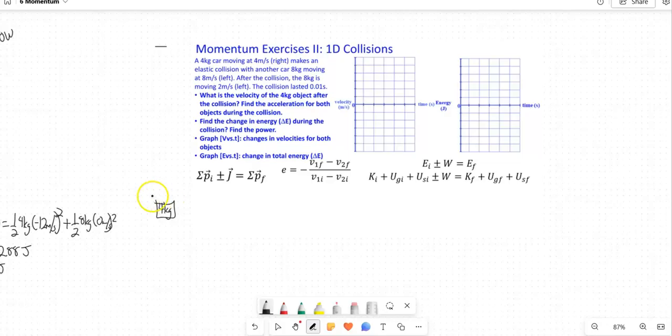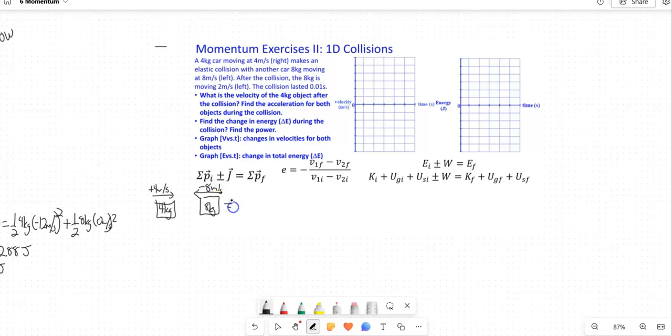However, it gives you a flawed final velocity, and I'll show you what I mean by that. So when I'm writing this out, positive 4 meters per second. Now the 8 kilogram object, just like in the other problem, is moving to the left at negative 8 meters per second.